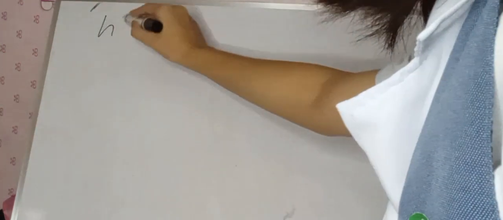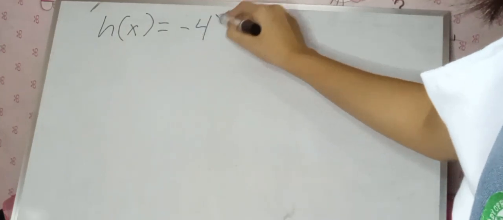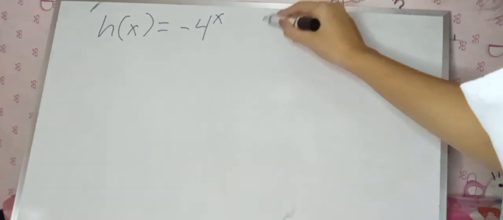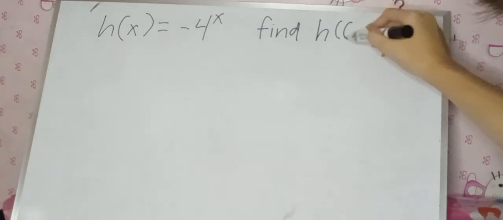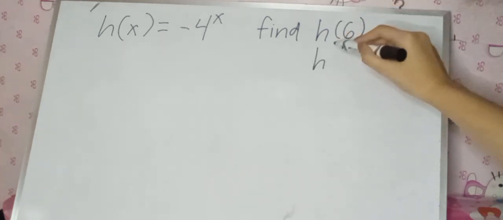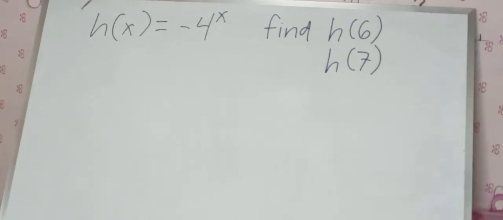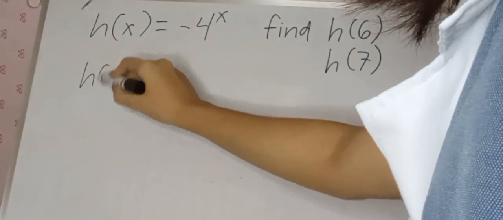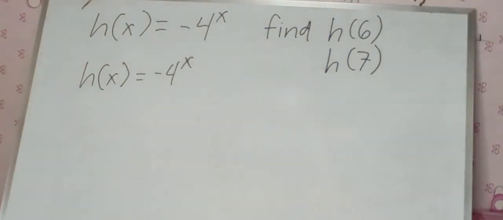So, paano naman kung ito yung hinahanap? h(x) is equals to negative 4^x. So, ang hahanapin natin is h(6) and h(7). Now, kagaya ng process kanina, isusulat lang natin to. h(x) is equals to negative 4^x.